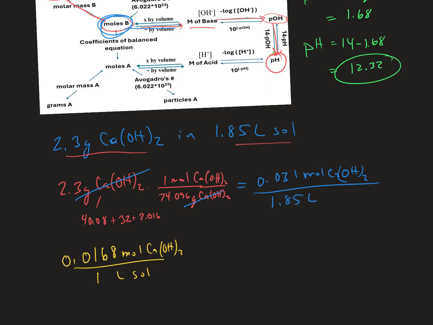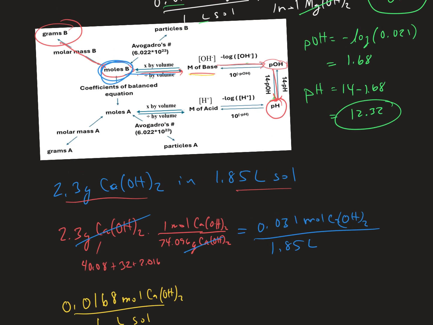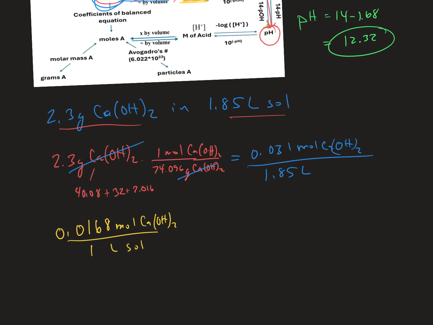And we're looking for pH, so we're here now. Now we've got to go to here. What's the mole to mole ratio, calcium hydroxide to hydroxide? 2-to-1 ratio. So for every 1 mole of calcium hydroxide, y'all following me? We have 2 moles of hydroxide. So moles goes away.